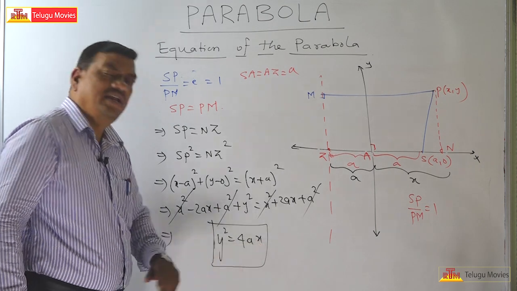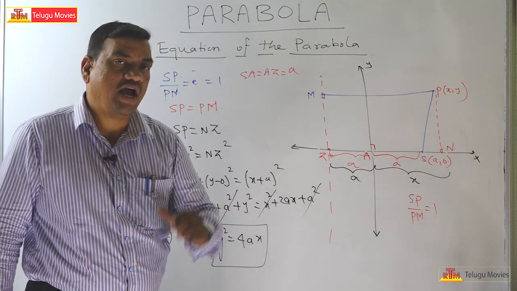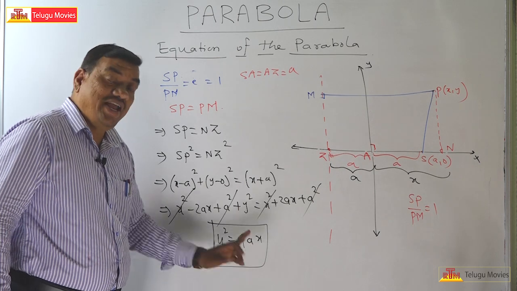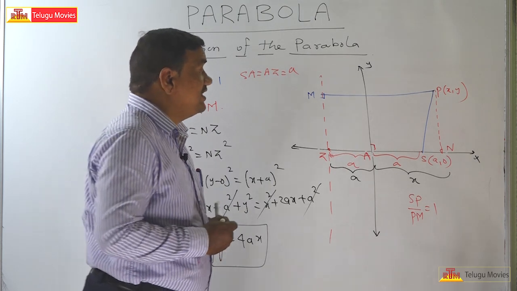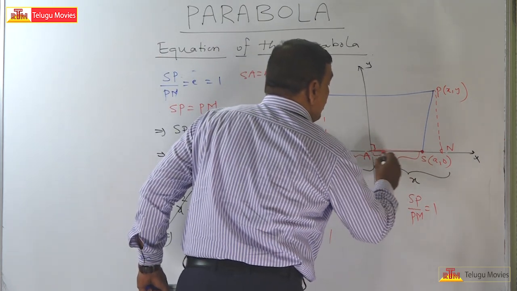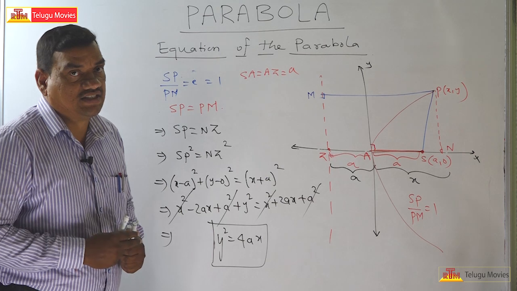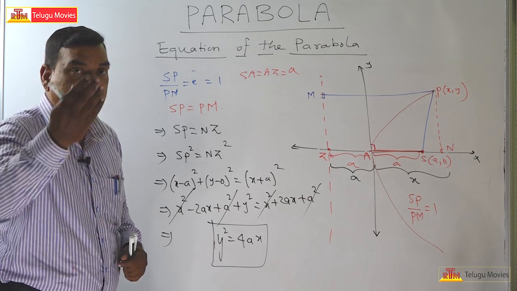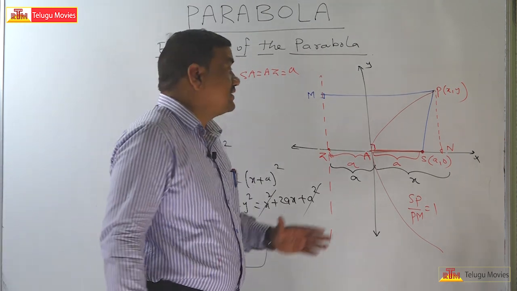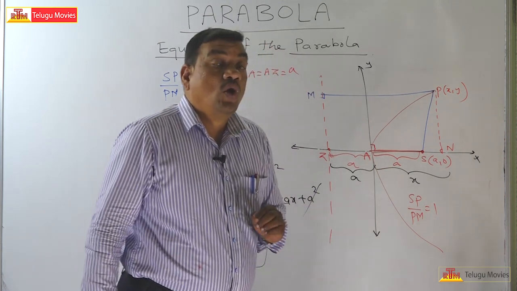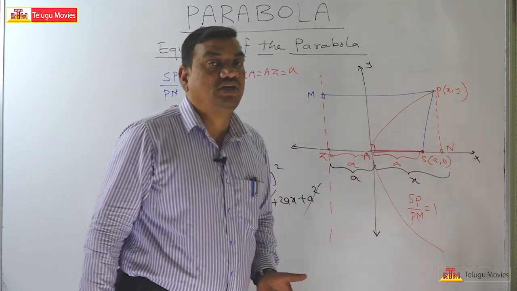So here, in any equation x and y must be there. If it is two-dimensional geometry, any curve should have x and y. But what about a? You should know what a is. This is the distance between the focus and the vertex. We already know the definition of a vertex; in yesterday's class I explained it. It is the point of intersection of the curve and the axis of the curve.